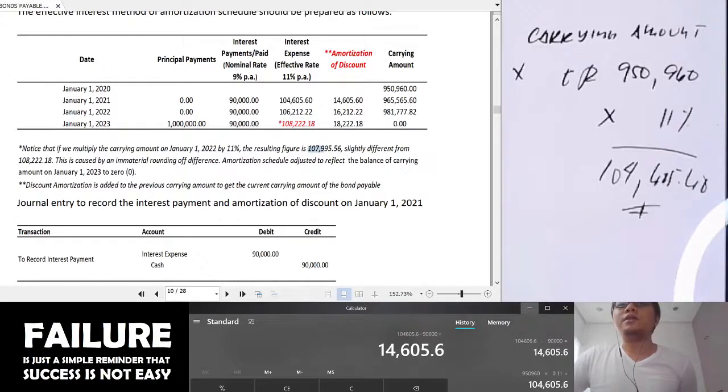Parang 107,995.656 yan siya. In-adjust ko na lang ito, okay? Para maging exact talaga yung amortization schedule natin na 0 siya at the end of January 1, 2023. Kasi yun nga, yung difference niyan is just caused by rounding off differences. Okay? Rounding off differences lang yan siya.